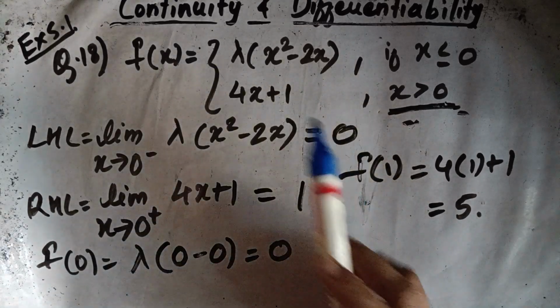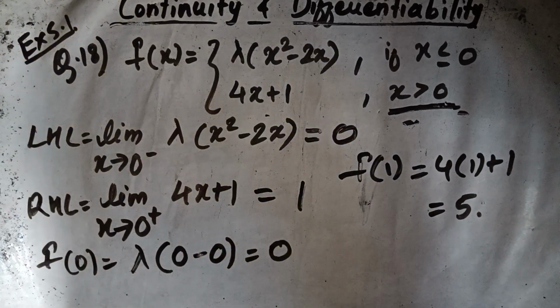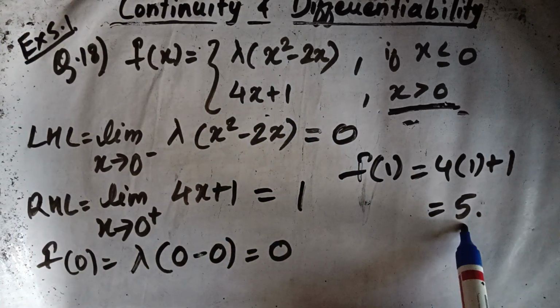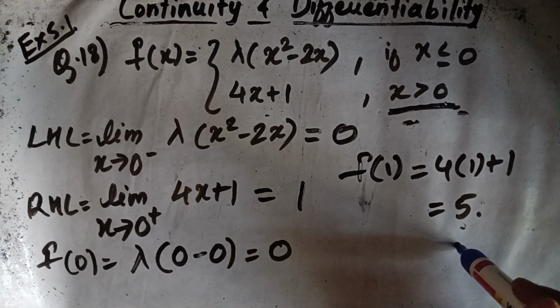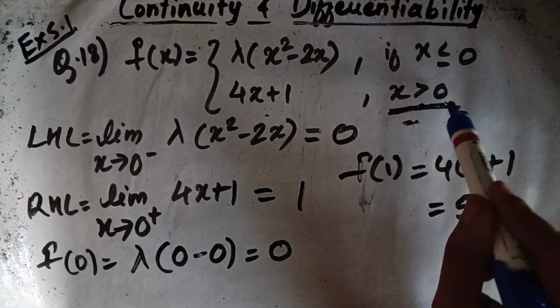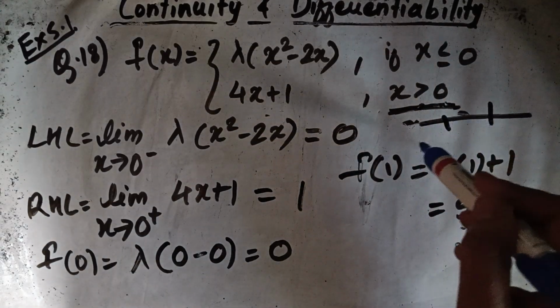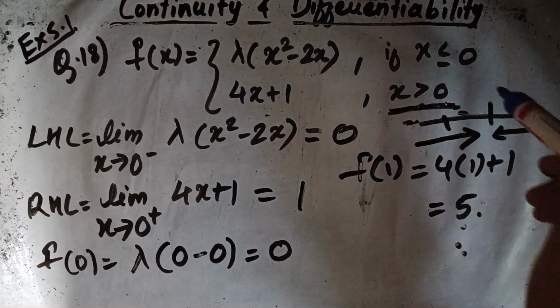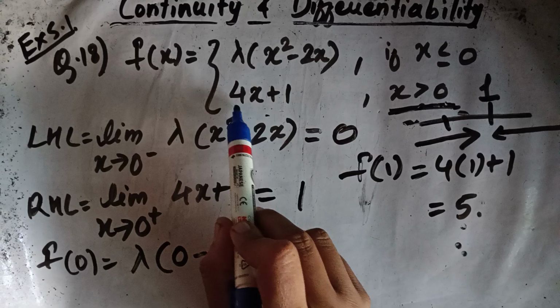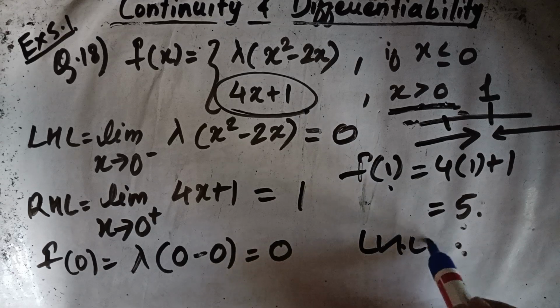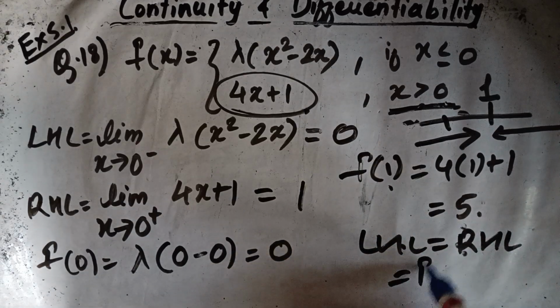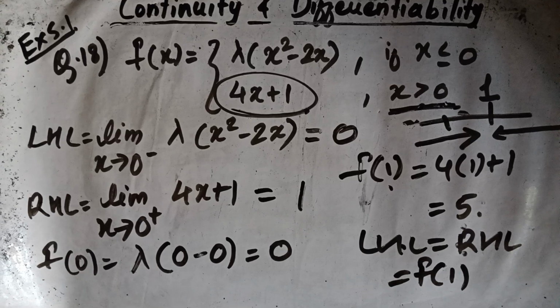The right hand limit we will get the same thing, and the left hand limit also you will get the same thing, because greater than 0 means both are included. Approaching from the left hand side, approaching from the right hand side for 1, for both you have to take the same function. So here if you take 1, then LHL becomes equal to RHL becomes equal to f of 1. So we can say that f is continuous at x equal to 1 because we are getting 5.